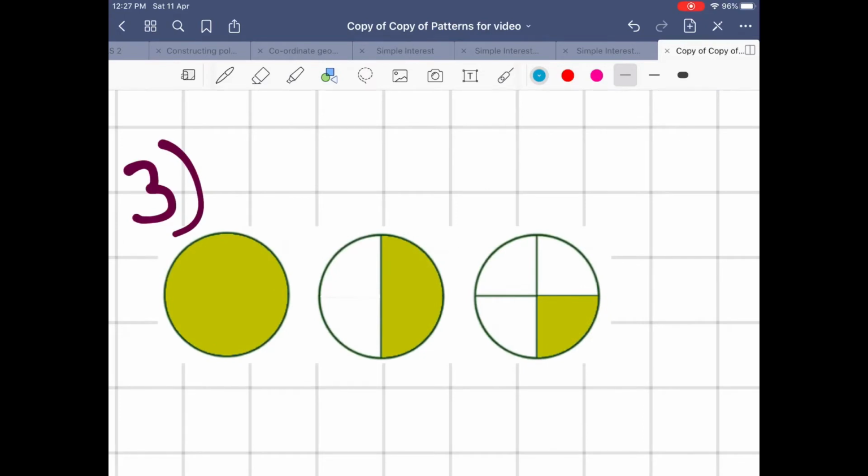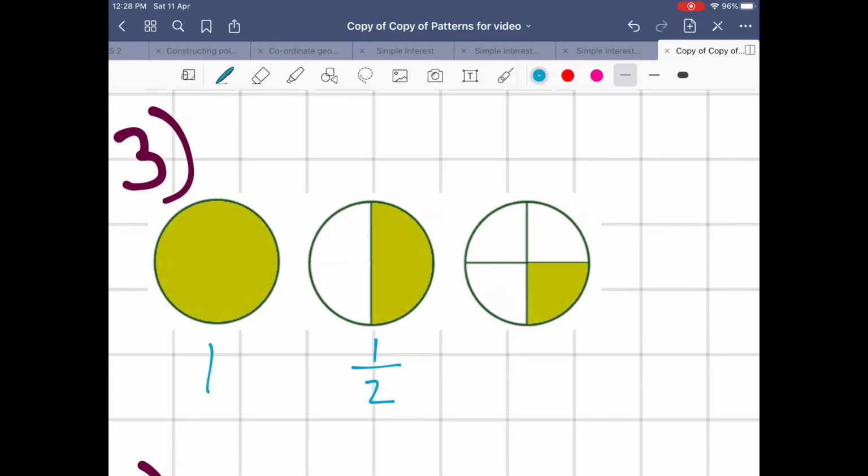Okay, next we have a circle where we have shaded fractions. Going from this shape to this shape, we can see that this goes from one whole all the way to a half. So what we are doing is dividing the first shape into 2 parts and shading one of them.